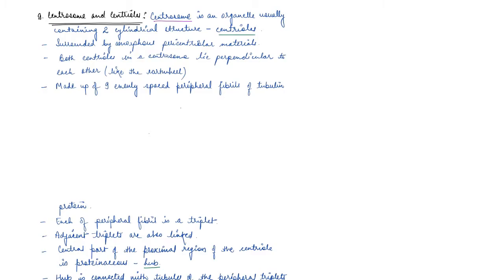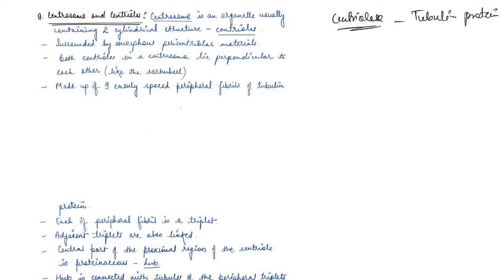So basically, they are made up of nine evenly spaced peripheral fibrils, and centrioles are made up of tubulin protein. They are made up of tubulin protein, and they have nine evenly spaced peripheral fibrils, which are made up of tubulin protein, right?